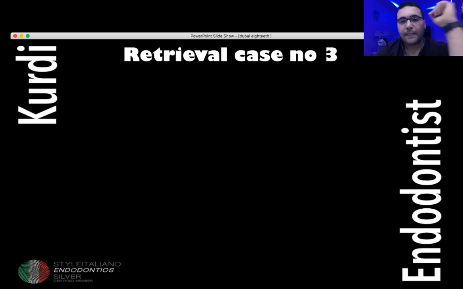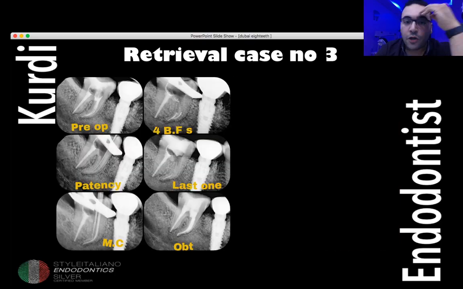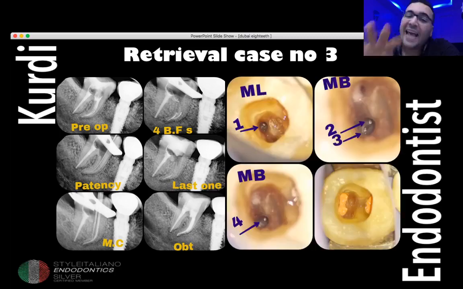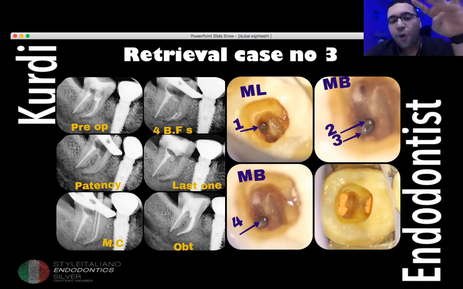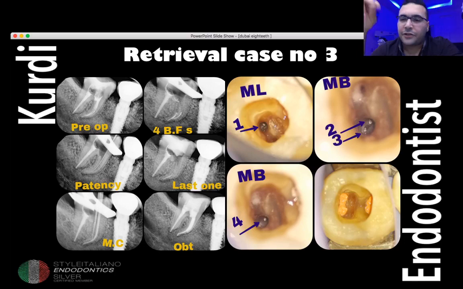Another case, and this case was a little bit not easy, because we have 4 broken files here. We had 4 broken files in the mesiobuccal and the mesiolingual of the lower second molar. And I was really lucky that the root is short. That's why it was not hard to remove.